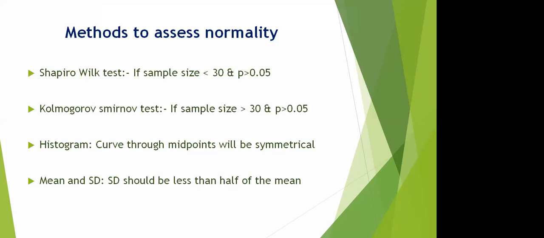So the Shapiro-Wilk test and the Kolmogorov-Smirnov test are the two statistical tests we use for testing normality. Shapiro-Wilk is used for small samples, less than 30, and Kolmogorov-Smirnov for large samples, greater than 30. And another method is the histogram.